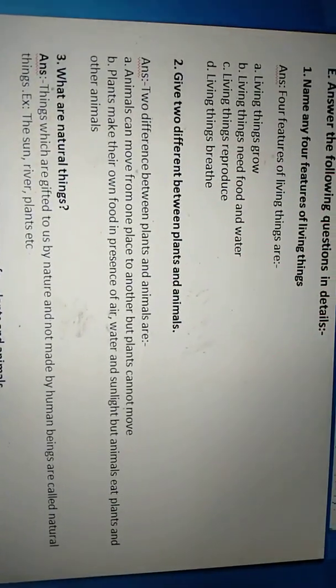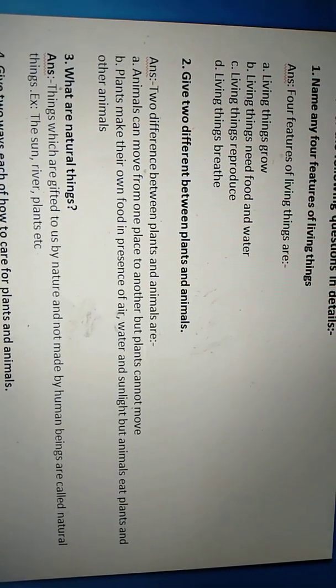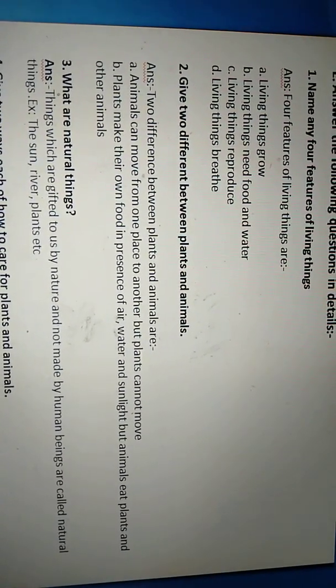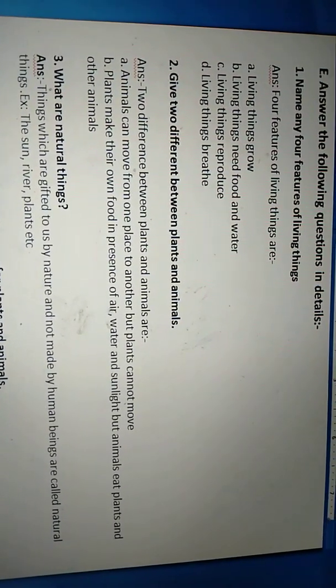The answer is, A. animals can move from one place to another, but plants cannot move. Write fast. Animals can move from one place to another, but plants cannot move.